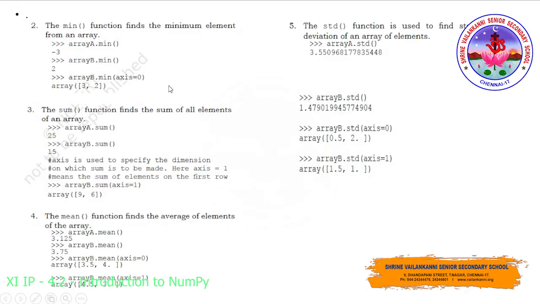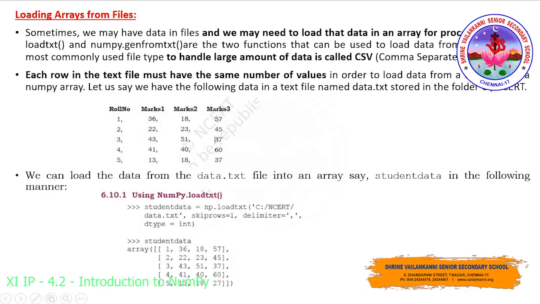And now let us discuss the next concept, which is loading arrays from files. Loading arrays from files means that when you create some data in a text file, that data can be loaded into a NumPy array.